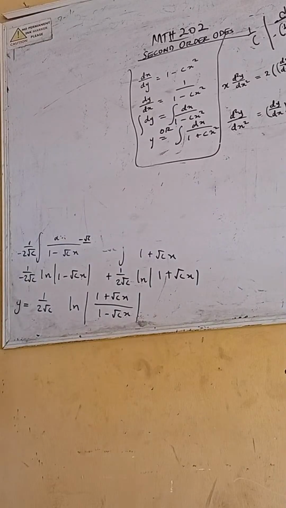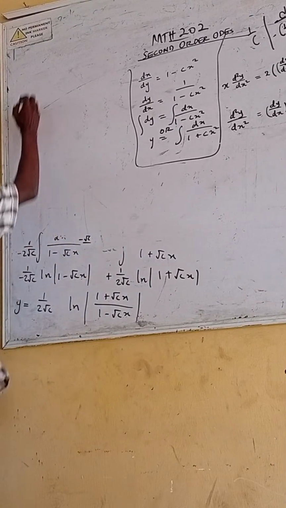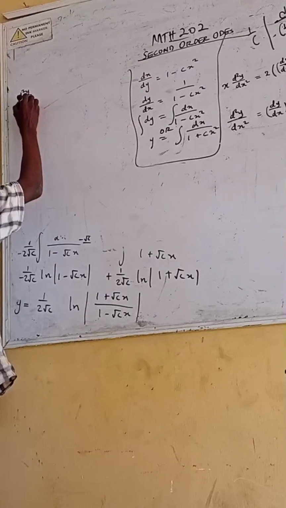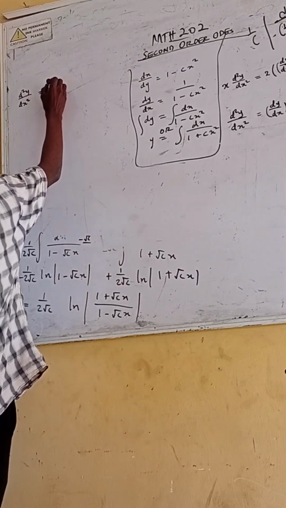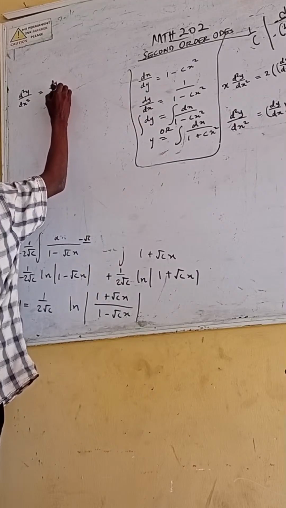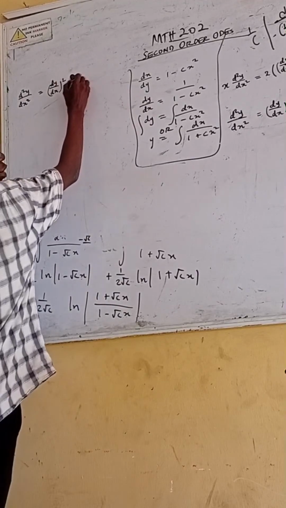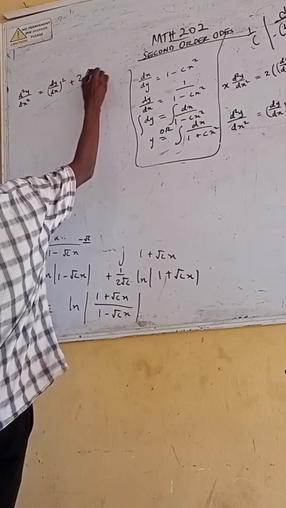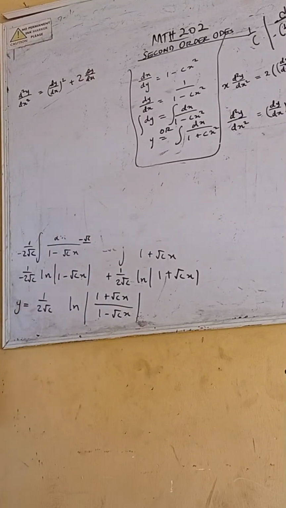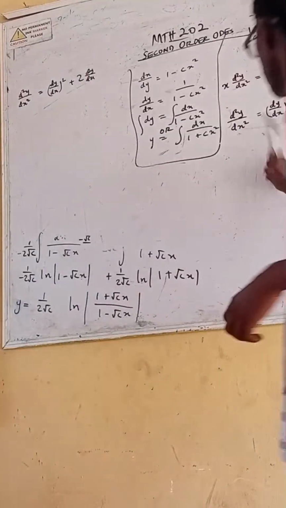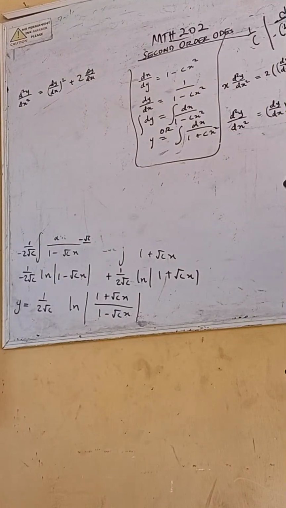Okay, for the second one, d squared y over dx squared equals (dy/dx) squared plus 2 dy/dx. For this one, we say let x be the one that is missing.